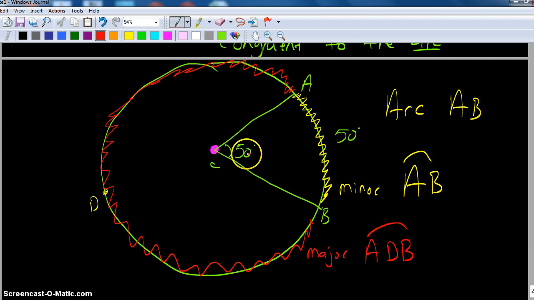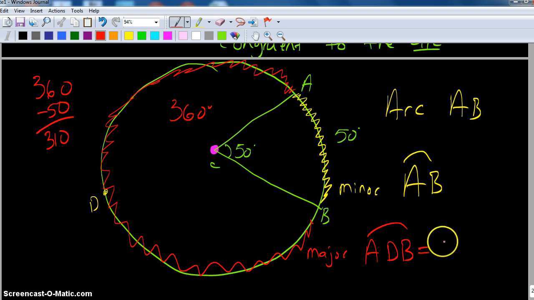And if this is 50, how do you find all of ADB? Well, if a circle is 360 degrees all the way around, and you already have 50, subtract it. 360 minus 50 gives you 310. So that's 310, and that would be 50.